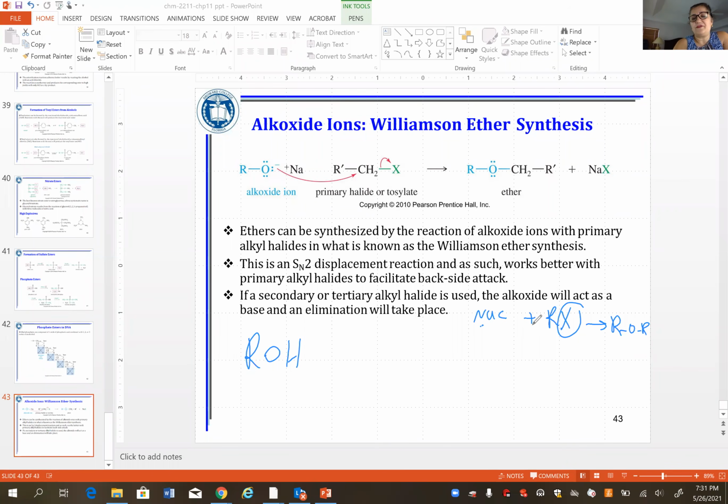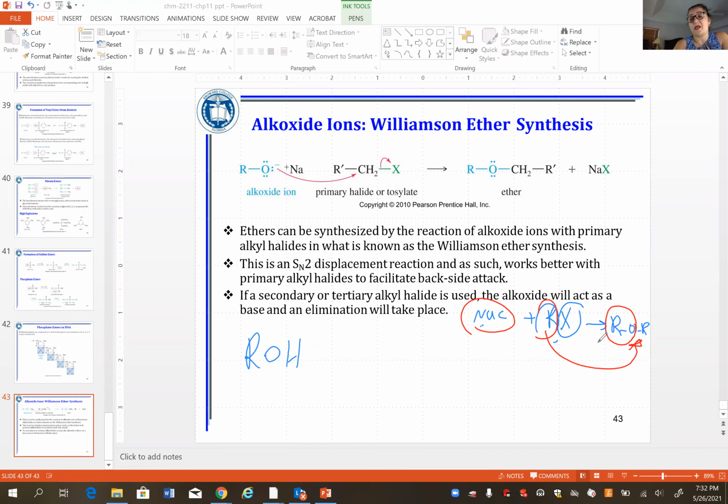If one R comes from the alkyl halide, which is this R coming from the alkyl halide, then the other R must come from the nucleophile. And there is no oxygen coming from the alkyl halide, so this whole thing must come from my nucleophile.